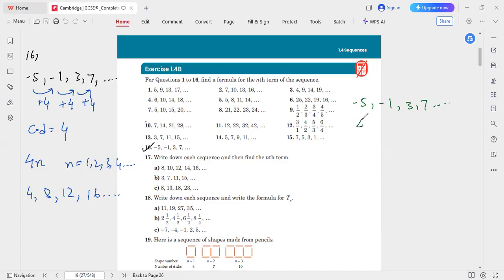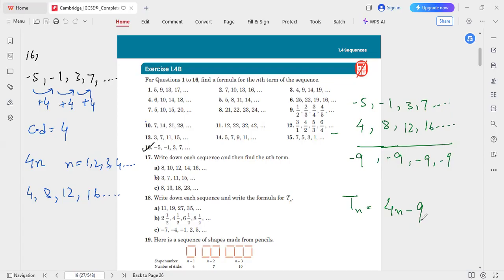Downward we will be writing the numbers 4, 8, 12, 16, and so on. And we are going to subtract all these numbers. So negative negative is basically positive. -5 minus 4 will be -9. Next, this one as well, -9, -9, -9. So the nth term of the sequence is 4n - 9. Each time we need to add 4 to get the next term of the sequence.